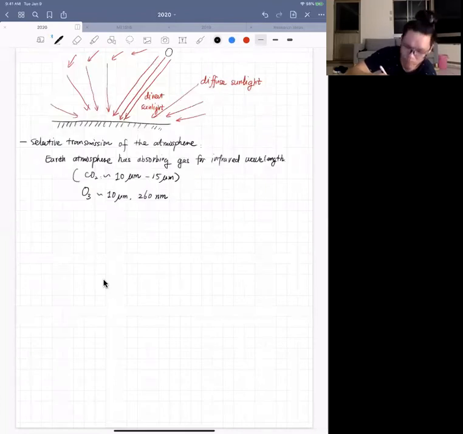That protects us because the UV light can be harmful for the health of the lives on Earth. Then another important component, of course, is water vapor. Water vapor absorbs at about a few microns. There is a strong peak around 6.3 micrometers.